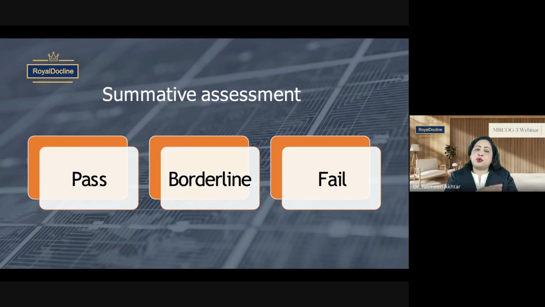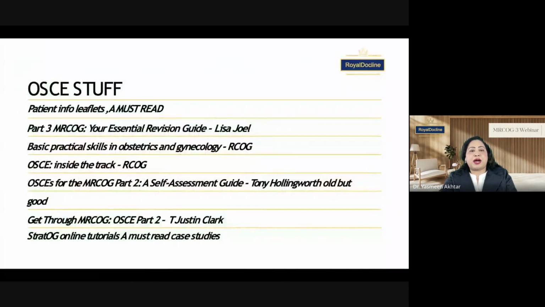However, now in the new pattern there are only 3 things: pass, fail, and in between, borderline. Pass is the clear-cut pass, and this is 2. Borderline is 1, which can help you get a pass if you do the other stations in a perfect way. And fail is, of course, fail. People usually fail in the patient safety and clinical governance points of view. So this is how you are marked.